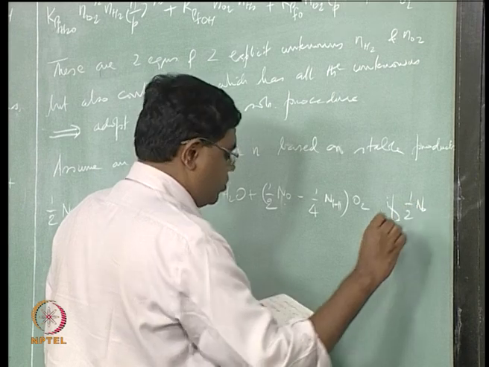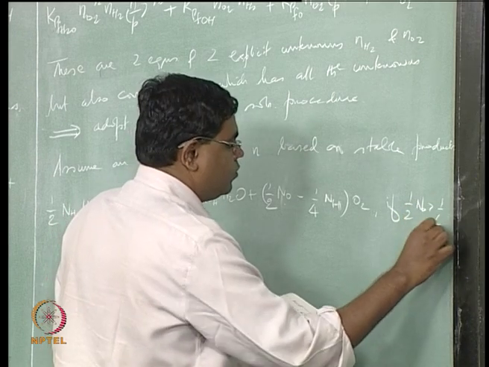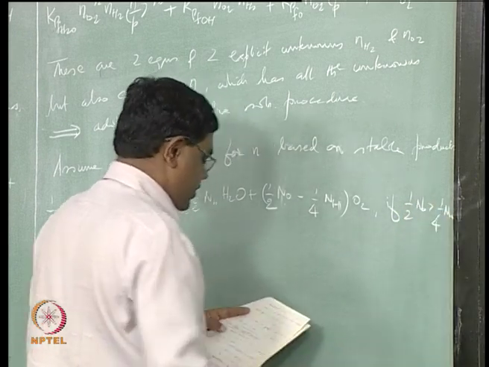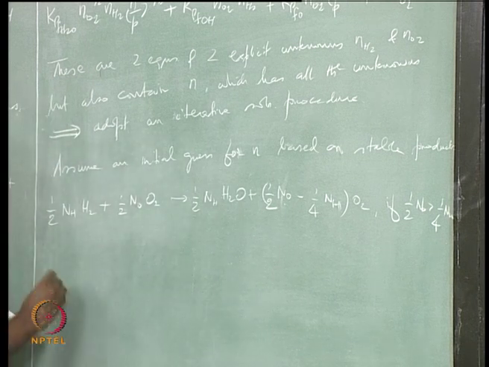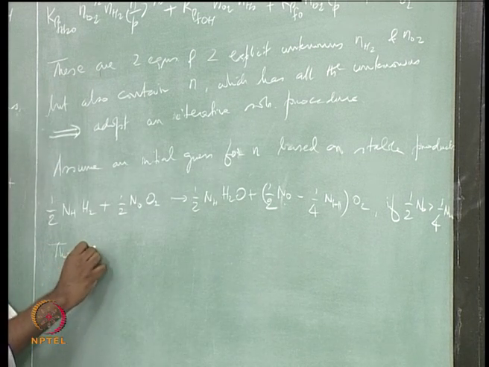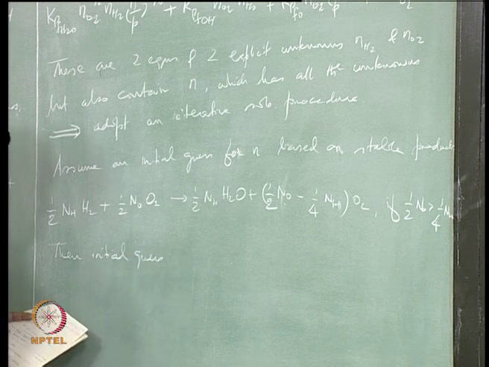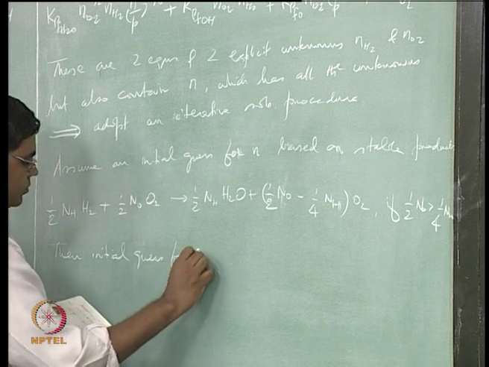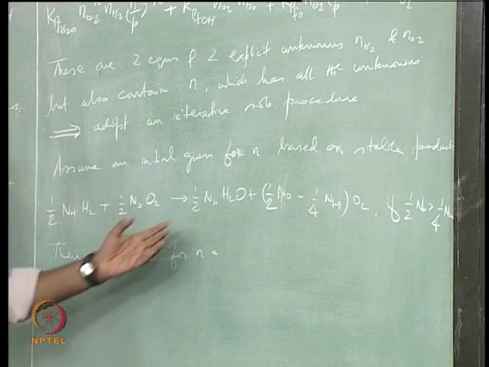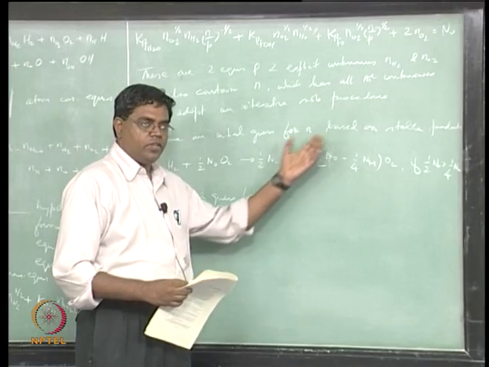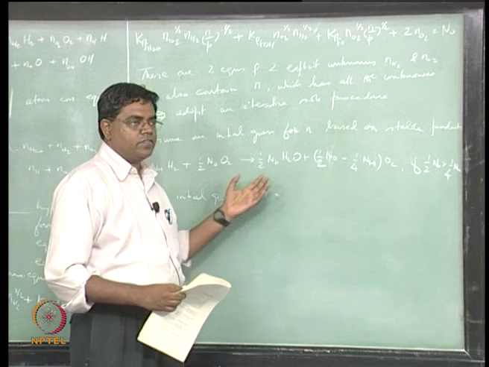If half NO is greater than 1/4 NH, then the initial guess for N is equal to, simply, we are essentially looking at this plus this. So these are the final stable products to expect.